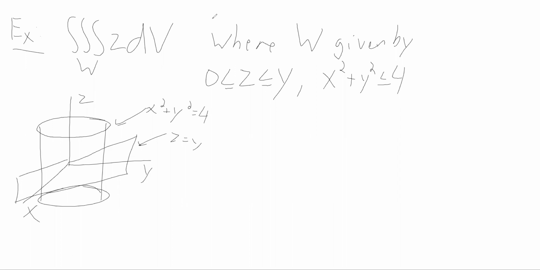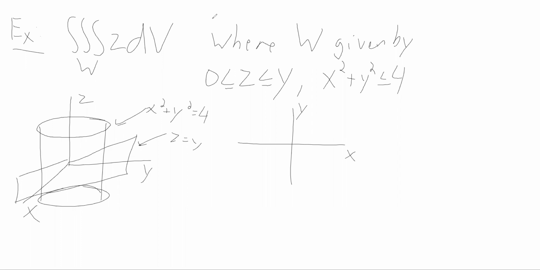Okay, so we already have explicitly our bounds for z. Z goes from 0 to y. Now we need to figure out our region D, where x and y live. We need to figure out what r and theta are. If you're a better artist than me, you might be able to figure this out from the drawing. And if you look in the book, you can kind of see what's going on here.